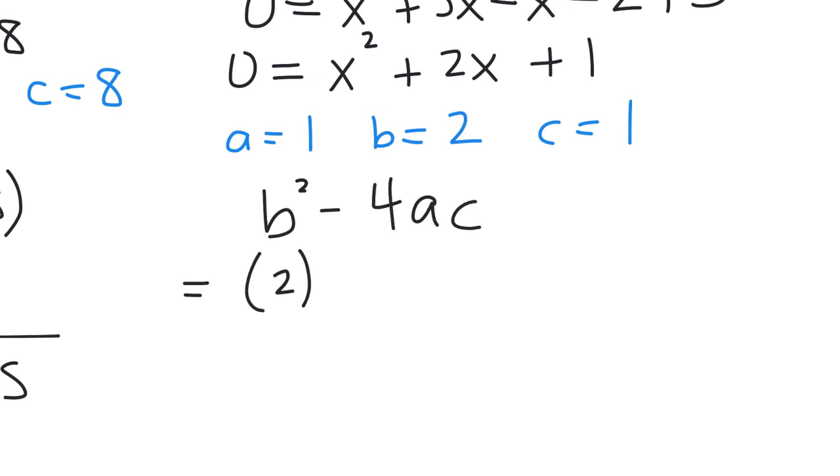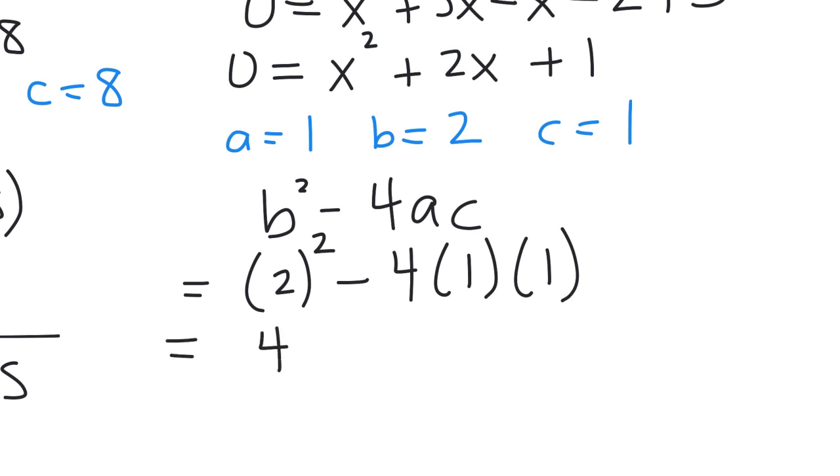My b value is 2, that has to be squared, minus 4 times my a value times my c value. So 2 squared is 4. Okay, -4 times 1 is -4. So 4 minus 4 is 0.